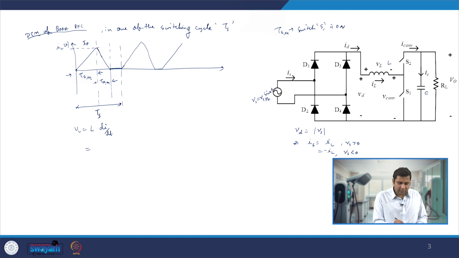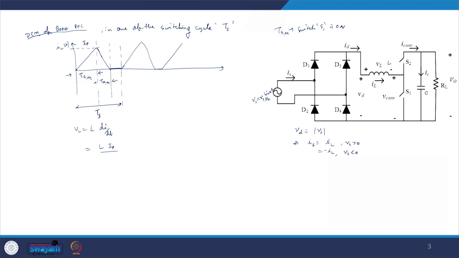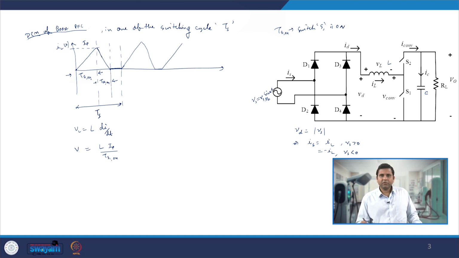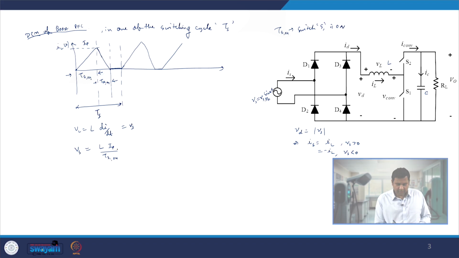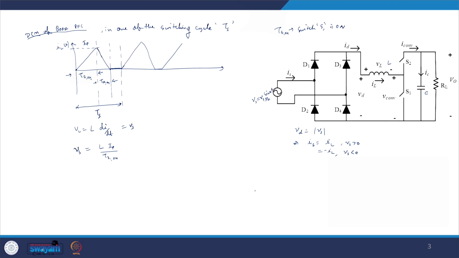So di goes from 0 to I peak, so we have L I peak divided by dt, which is Ts1 on, and this is equal to VL. During the Ts1 on duration, whenever the switch S1 is on, you are only applying Vs across this, so Vs is equal to L Ip by Ts1.